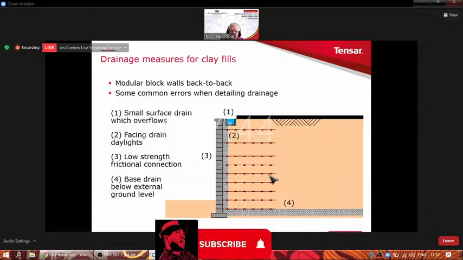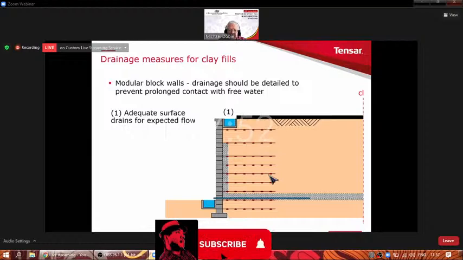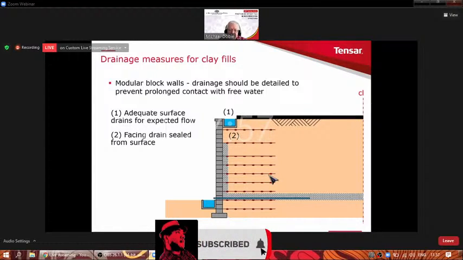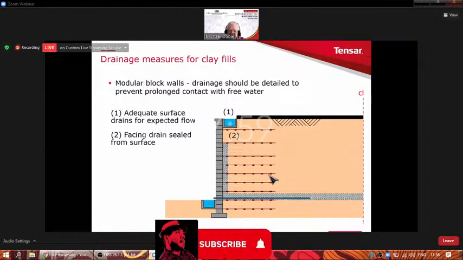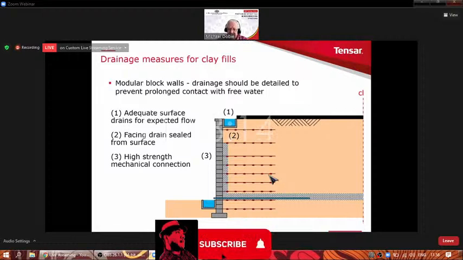Now let's look at the cross section, the same one, and correct the errors. So the first thing is, we'd like to have a nice big drain adequate to carry any likely surface water flows. We seal the facing drain, that's to say the granular layer behind the modular blocks, we seal that from the surface. We don't want surface water running into that drain. We want to have high strength mechanical connections, just in case there is some swelling, it can be resisted by the connection.